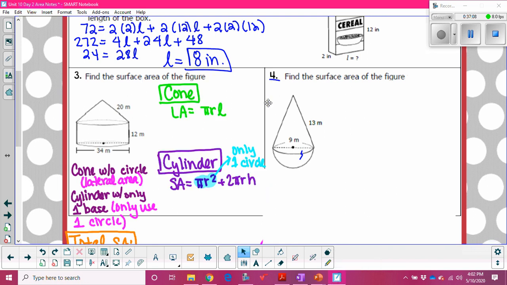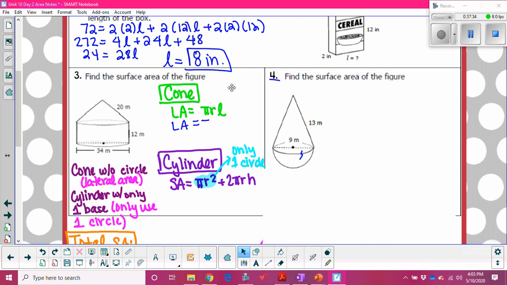So let's look at the cone. Now, because you're not using the circle, it's literally just the lateral area. So all you have to do is pi times radius times the slant height. Well, we know that the diameter of this is the same as the diameter down here, which is 34. So half of 34 is 17. So your radius is 17. So let's see. Just fill in here.